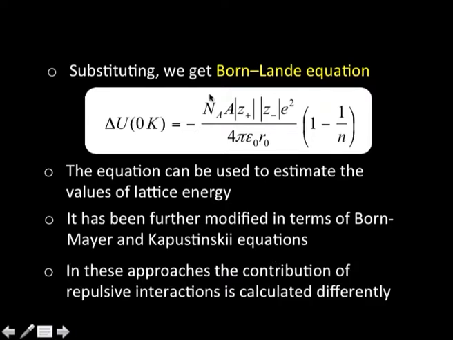That is the only difference between the Born-Landé equation and the other equations. Otherwise, the basic premise remains the same, that is, we have an ion, we look into all attractive influences and also look into all repulsive influences. Attractive influences remain the same in all three expressions. The only thing is how we work out the expression for the repulsive part of it, that makes them different. Okay. Let us move further.